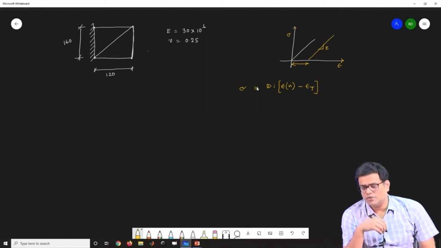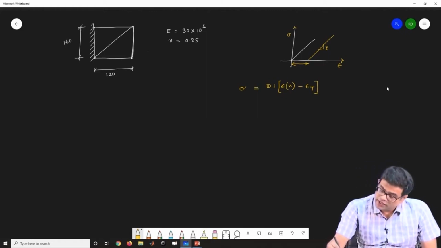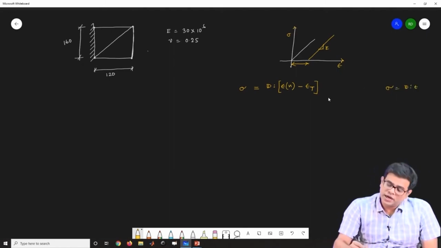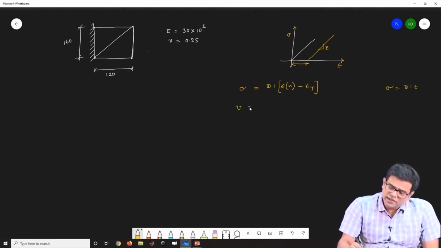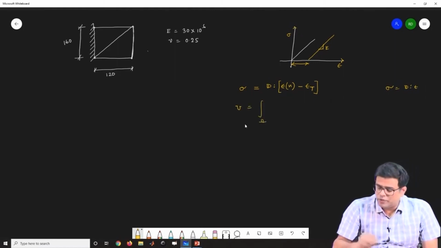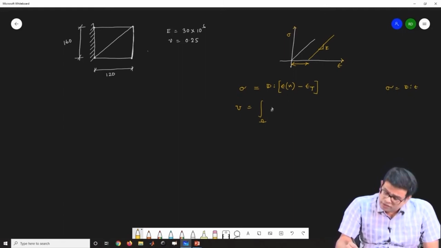Now you see, we know what the strain energy is if epsilon t is 0. For this case the strain energy will also look like this: integral over the whole domain, and then it will be your sigma inner product epsilon, where the elastic strain will be there. So sigma, if I write in this way, is epsilon u minus epsilon t.